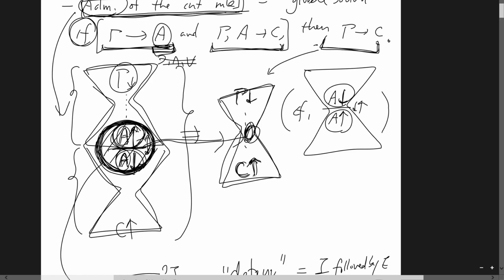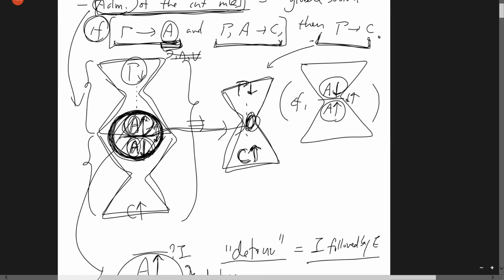So in that sense, this admissibility of a cut rule says I can remove any detour, or it's globally sound, because you don't care about the form of this detour, because it allows us to remove any detour.